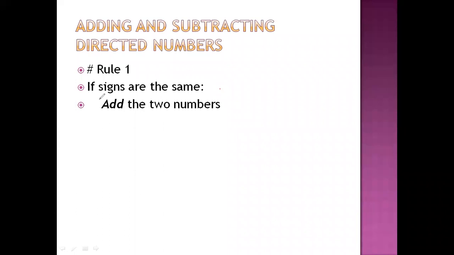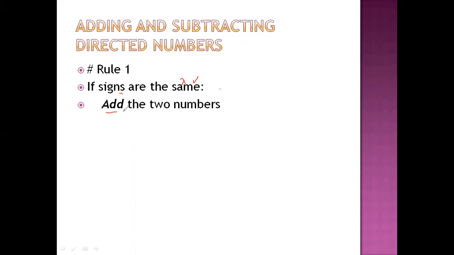If we are working with the same signs, what we are supposed to do in step 1 is to add the two numbers. So the key term there is: you add the two numbers.